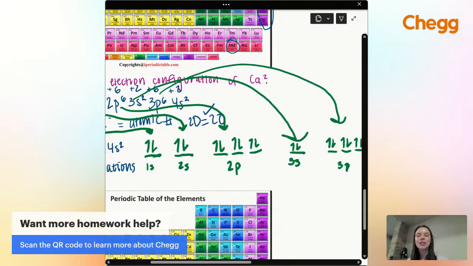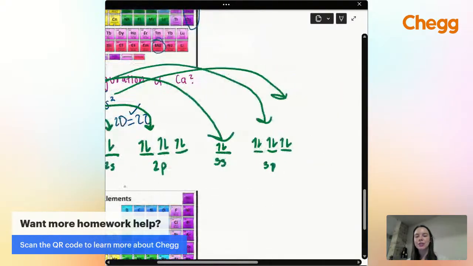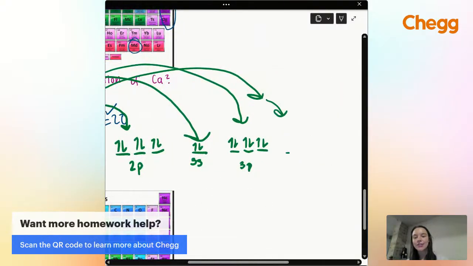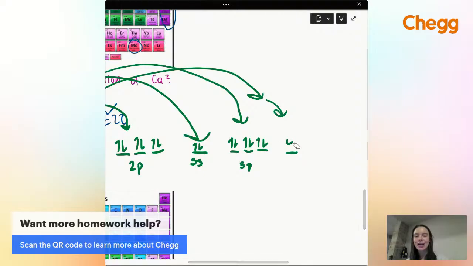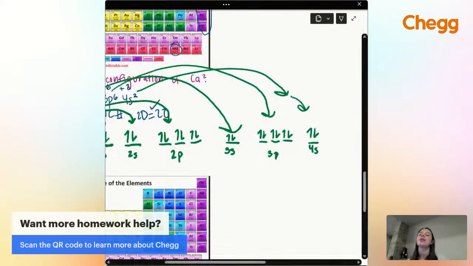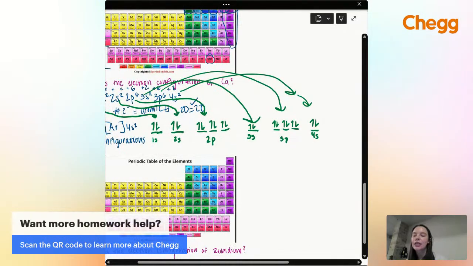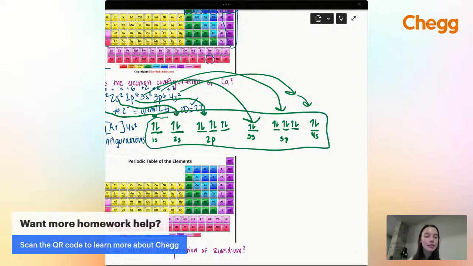And then last but not least, our 4s2, which is right here. Wrote that in the wrong place, my bad, guys. 4s, and there's 2: up arrow, down arrow. So that in green right here is the spin configuration of calcium.